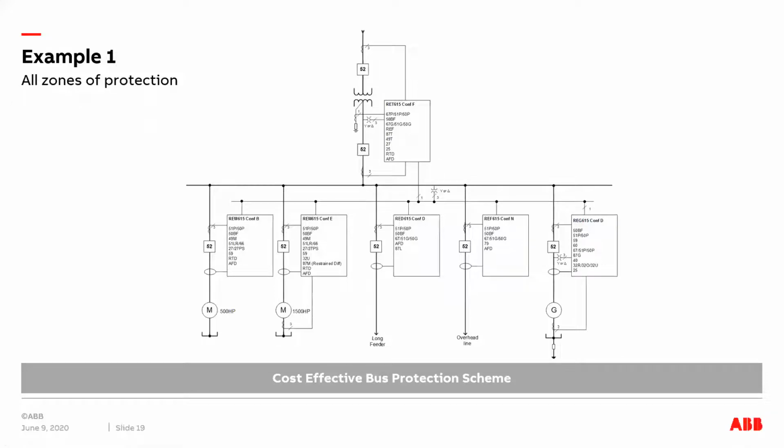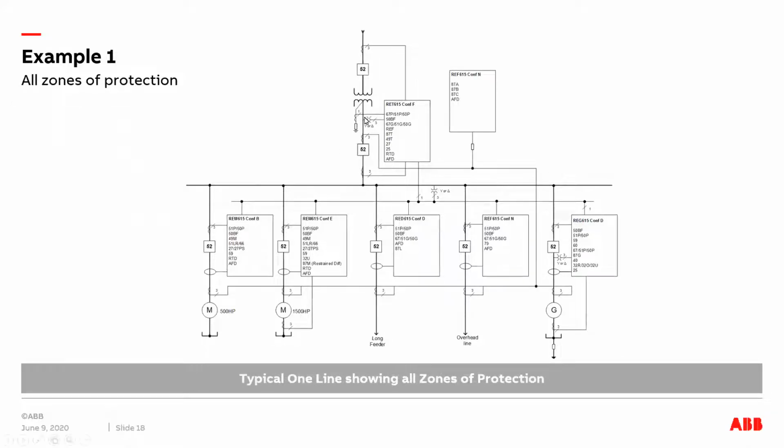Okay, I need to mention one more thing here. I missed one relay. So this device here is REF 615, but this is used for bus differential, the traditional high impedance bus differential scheme, which many of us are familiar with. The traditional high impedance bus differential scheme requires its own set of CTs.